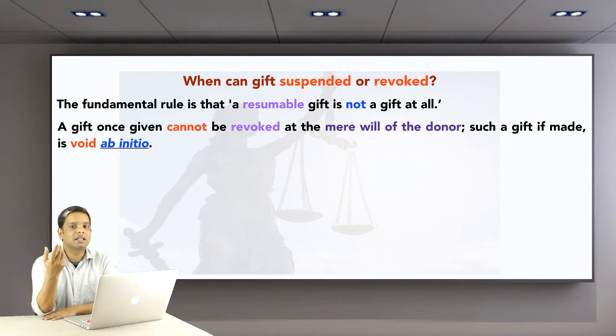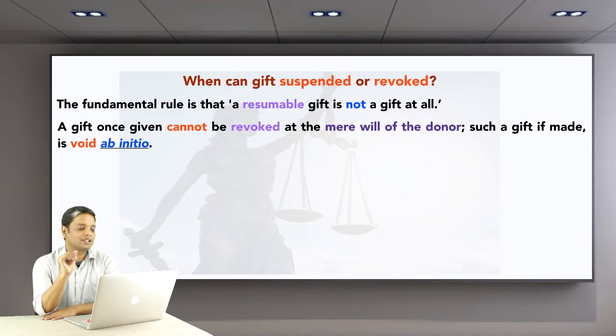If it is orally executable, then even in that condition you cannot take it back by saying that you don't have the proof that I gave you this. So a gift once given is permanent, and if any terms and conditions are put on the gift, that is void ab initio, meaning from the beginning itself.